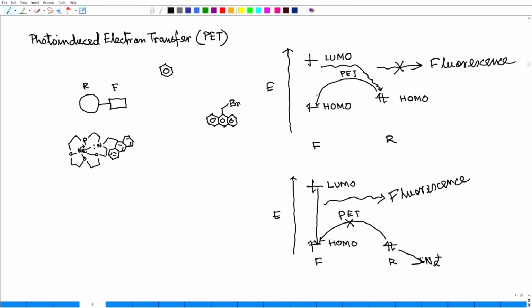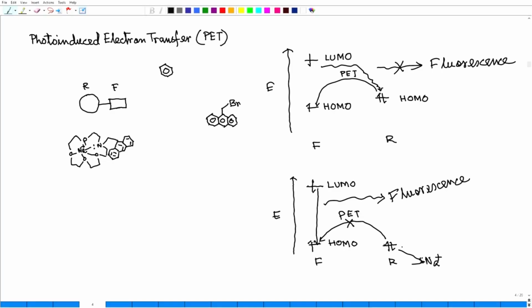That is why I do not see any fluorescence. But when I have a sodium ion inside this macrocycle, then my lone pair, that is the HOMO of the receptor, is engaged to sodium, it becomes stabilized and engaged to the metal ion. So, PET is not possible, and therefore, I can see a large fluorescence.